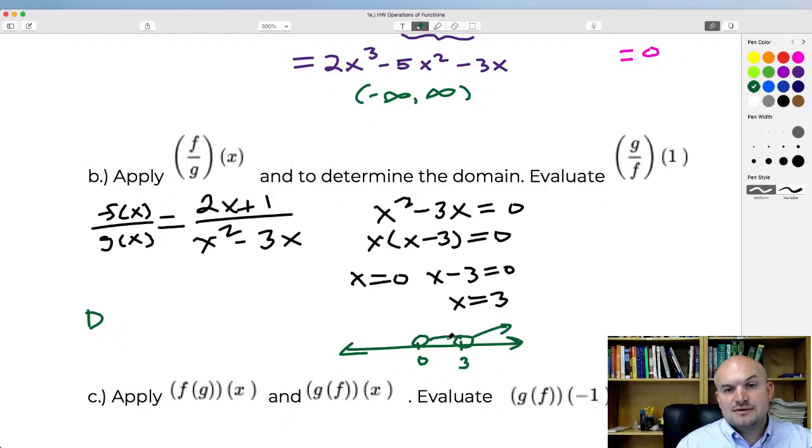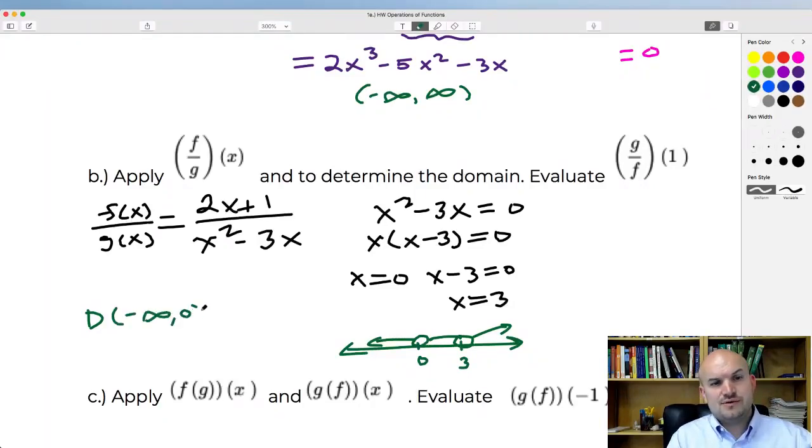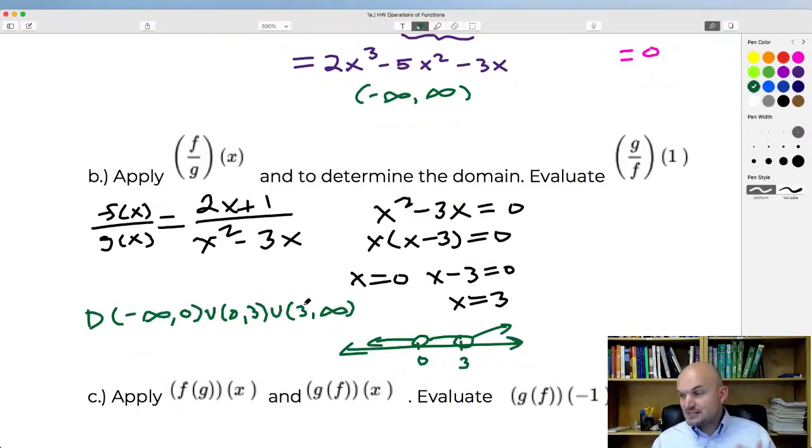Everything else is covered. So therefore, we'd write the domain like this: negative infinity to 0, union 0 to 3, union 3 to infinity. Okay, that's how we'd write the domain for all real numbers except for 3 and 0.